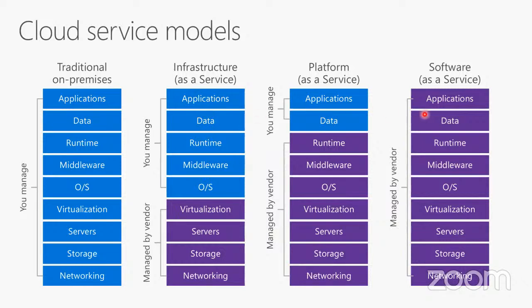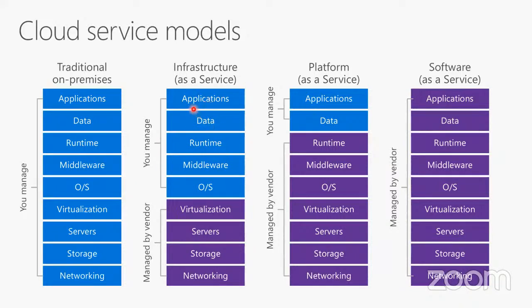But compared to platform as a service and software as a service, they give you more control in your hand. You can make some modification at the OS level, the middleware level, the runtime level, data and application.